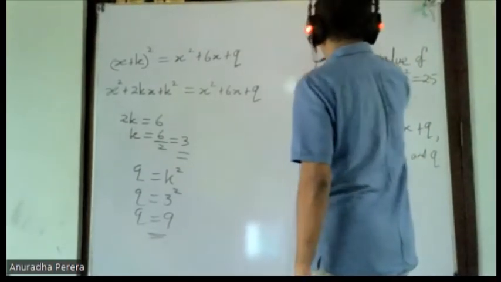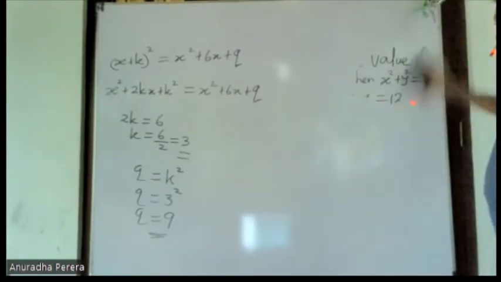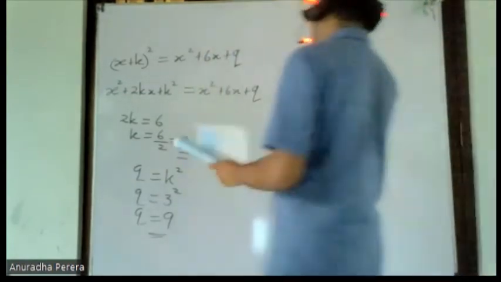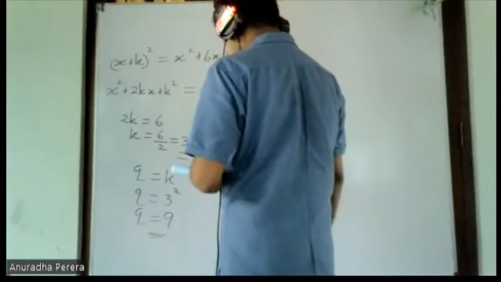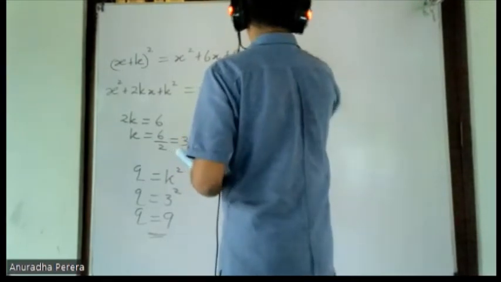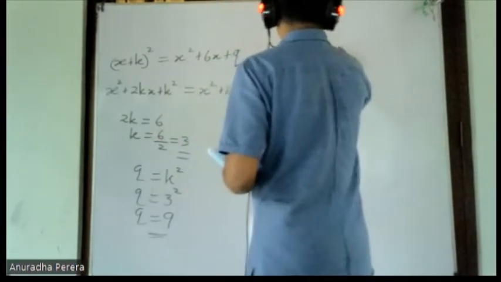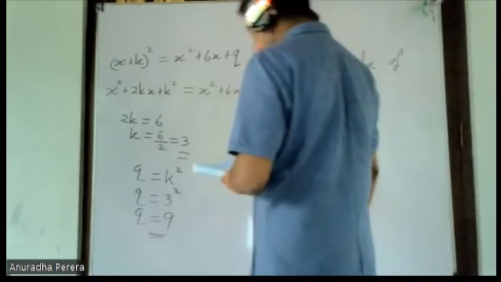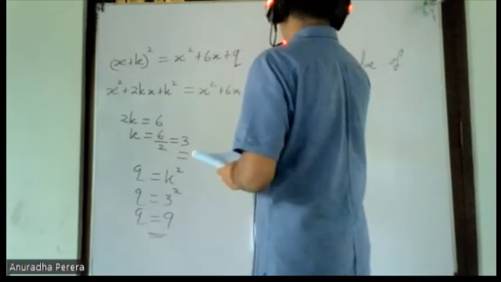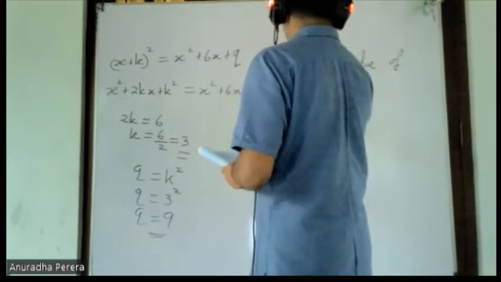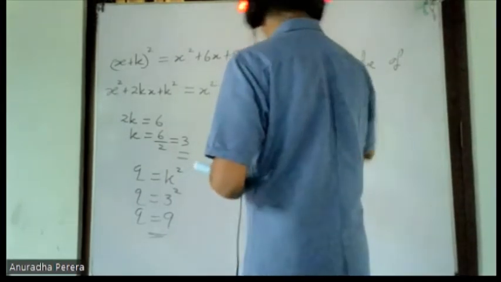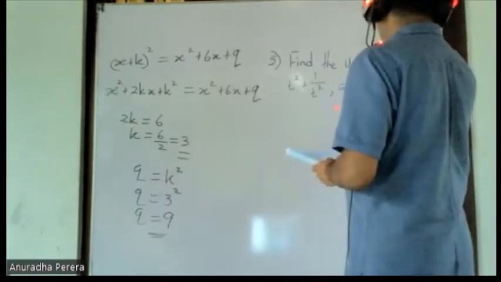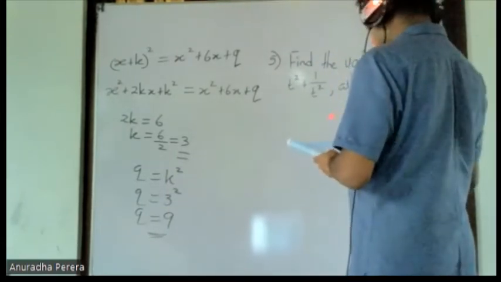Okay. Let us do one more sum and go to the next lesson. Write down. Find the value of t squared plus 1 over t squared when t plus 1 over t equals.